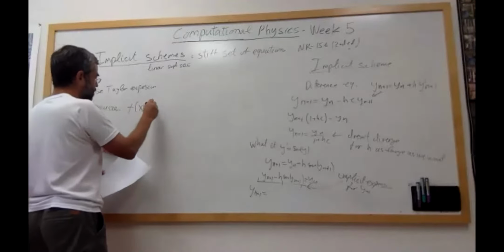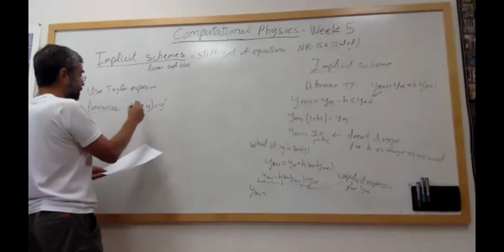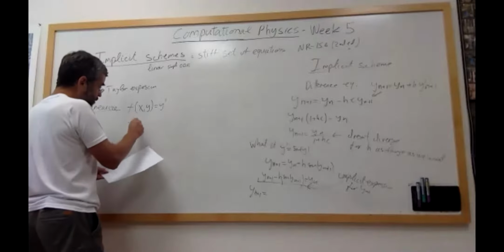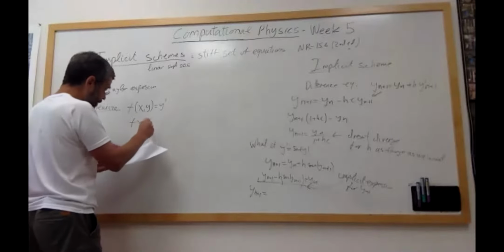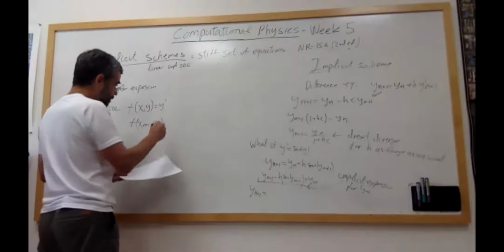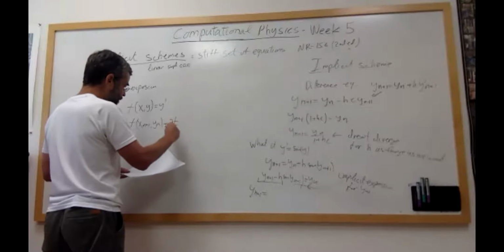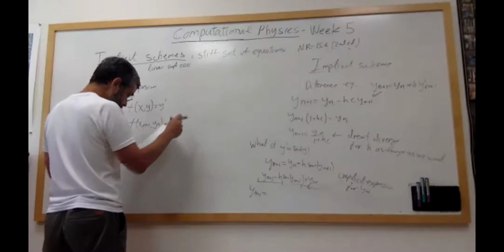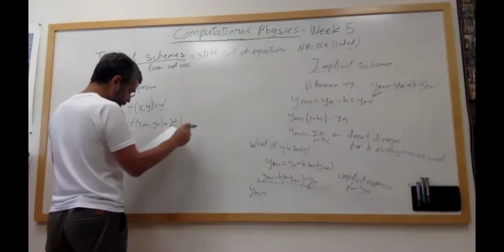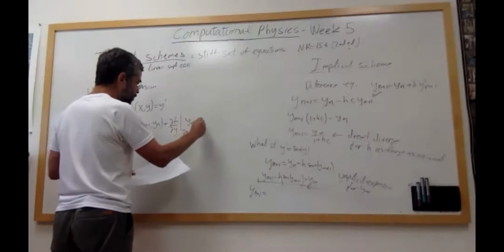The differential equation is y dash, so we can write it as f of x_n plus 1 and yn, plus df dy at yn times yn plus 1 minus yn.